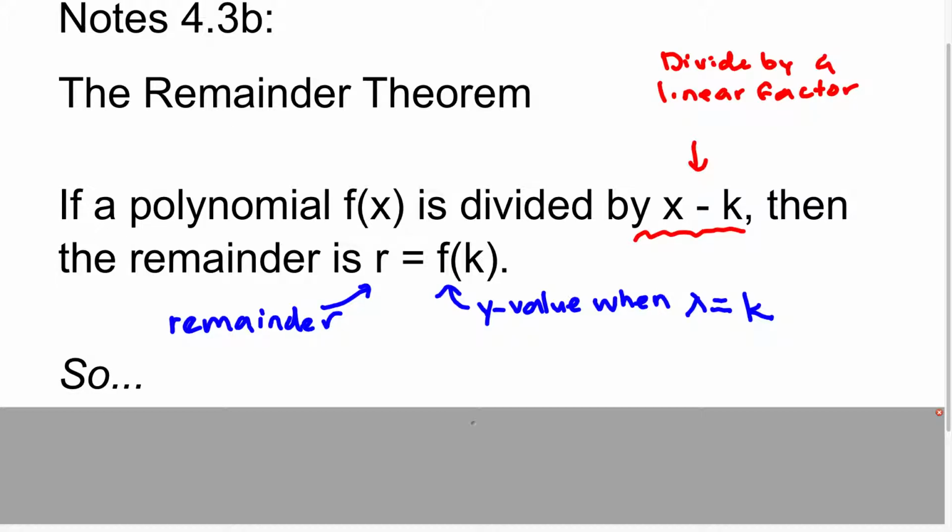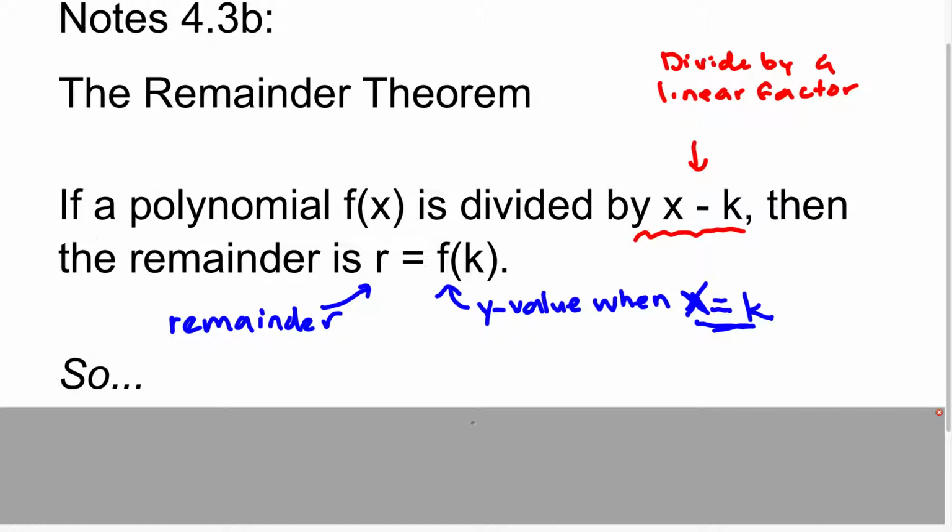So instead of plugging in a number in the theorem, they're just saying plug in some k, whatever you get out for it, that's your y value for that x. Okay, so this is y when x equals k is what I meant to say right there.